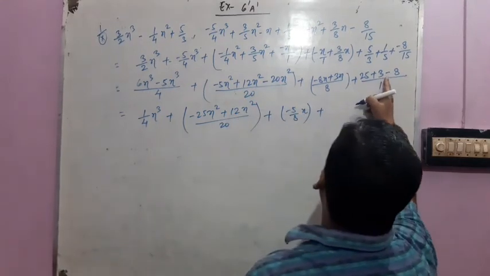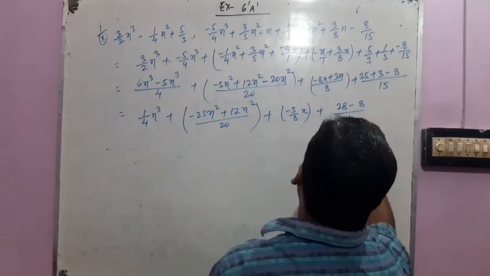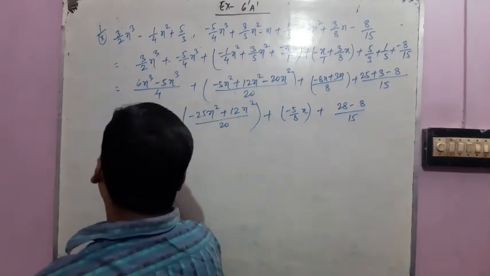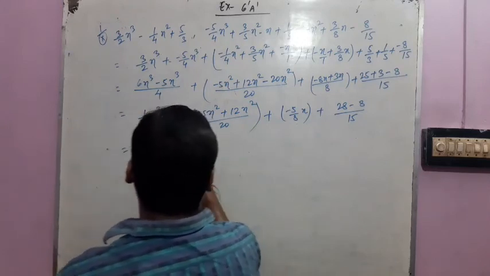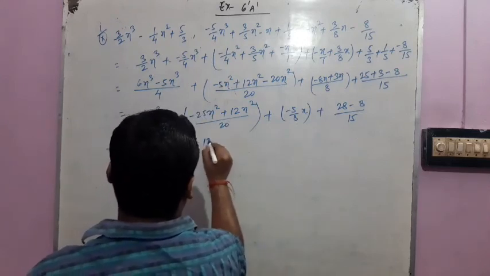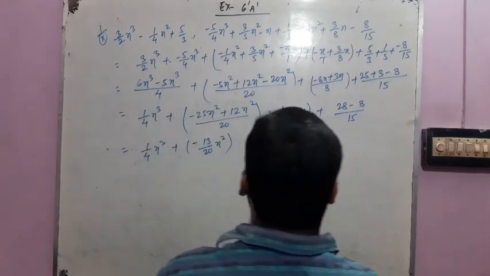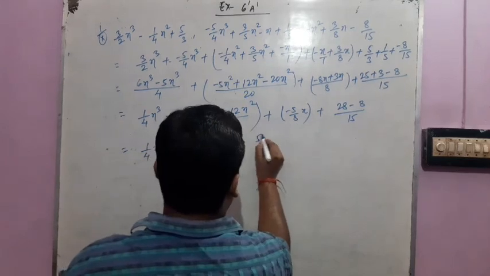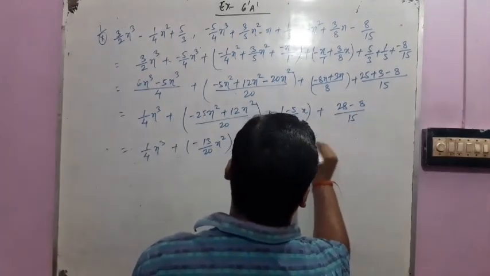And here 25 and 3 both are positive terms, so we have to add them, minus 8 by 15. Continuing here 1 by 4x cube. Now when you solve the terms, you will get here minus 13 by 20x square. Okay, students, here plus minus 5 by 8x and 28 minus 8, 20 by 15.